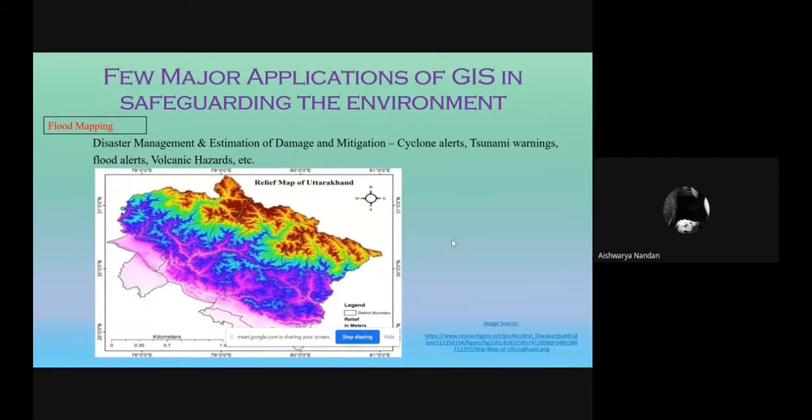For example, in this map, the purplish or whiter shade areas are less prone when compared to the browner shade areas. Also, it can estimate the damage caused by any disaster, whether a cyclone, a tsunami, or a flood alert. So you can mitigate by moving people away beforehand in time. It definitely helps in protecting human life also. Next.